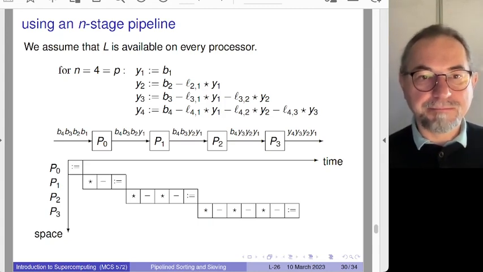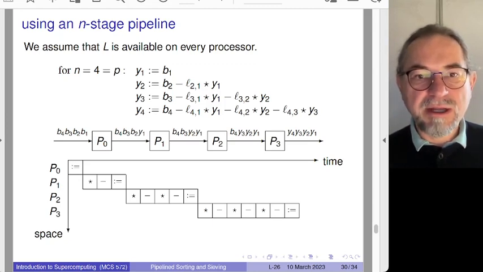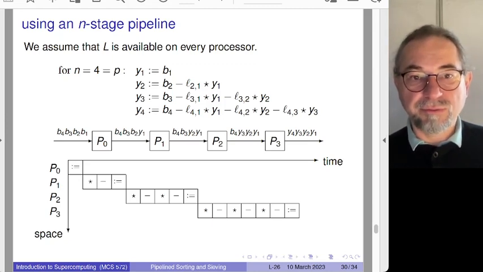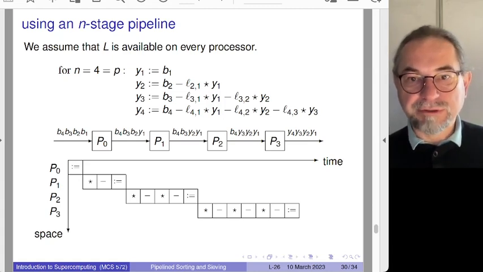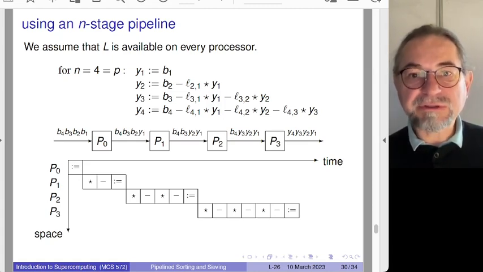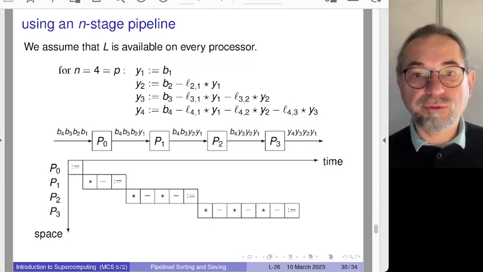When processor P0 receives b1, it passes b1 to P1, P1 receives it, passes it to P2, and then starts to do the update. P2 receives y1, starts doing the update after passing y1 to P3.